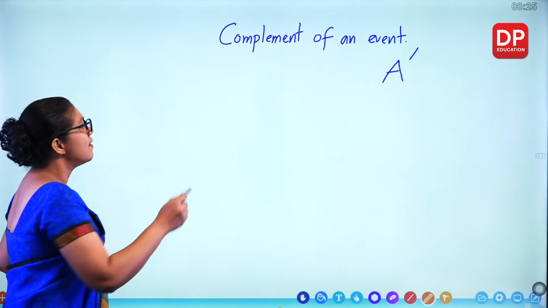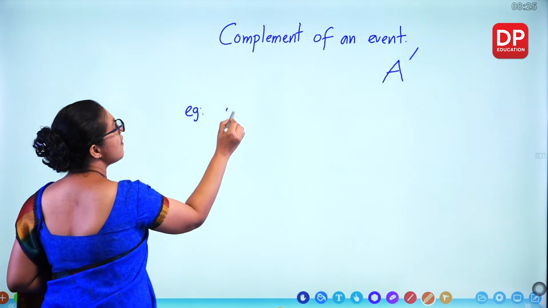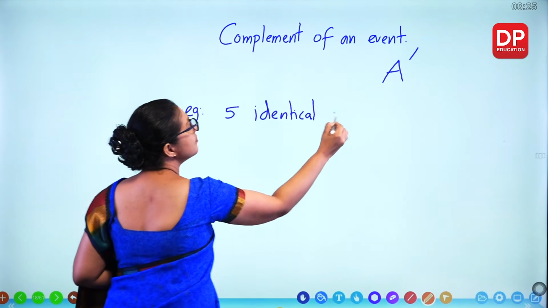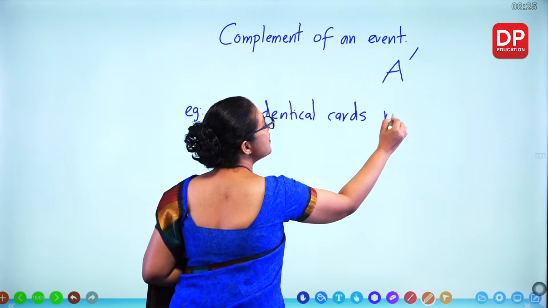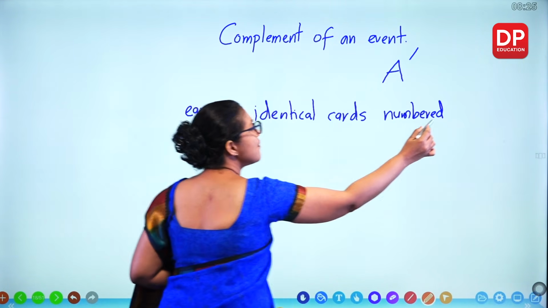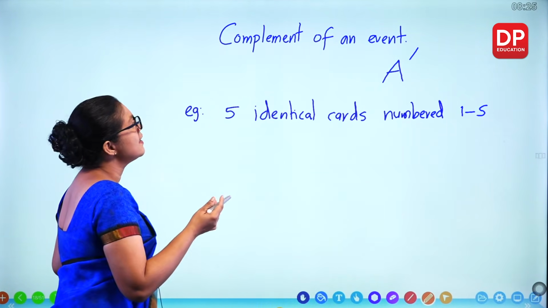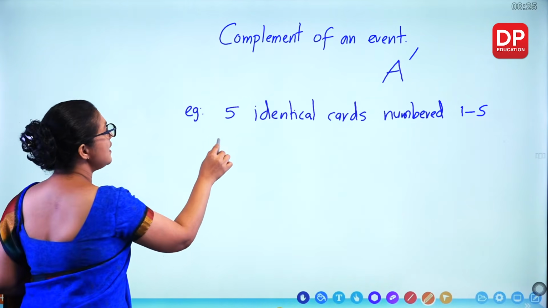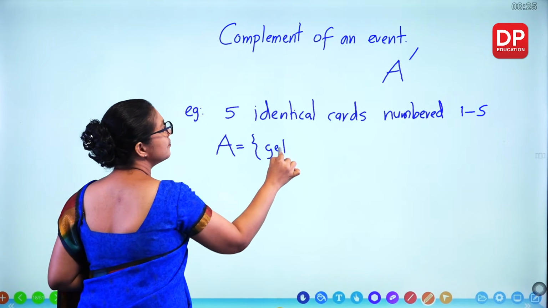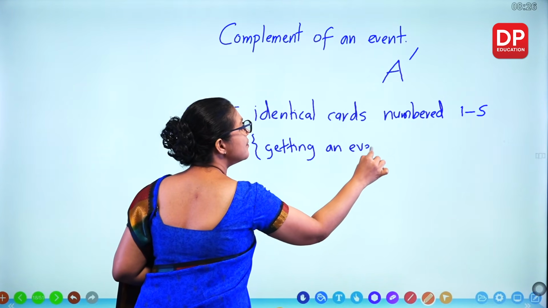We'll take 5 identical cards numbered 1 to 5. So that's the event and we'll take A as getting an even numbered card.